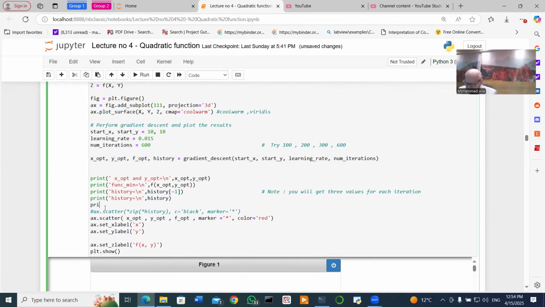Print, for example, the length of history. How many values are there in the history? So let me call it length.